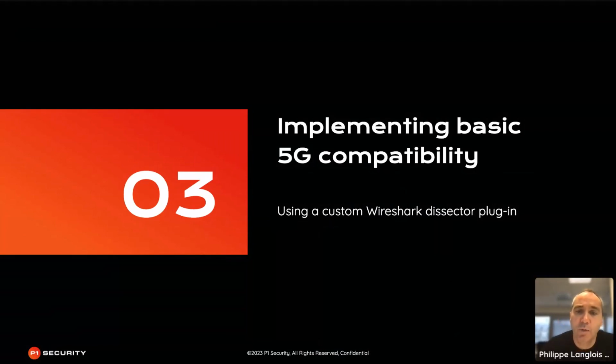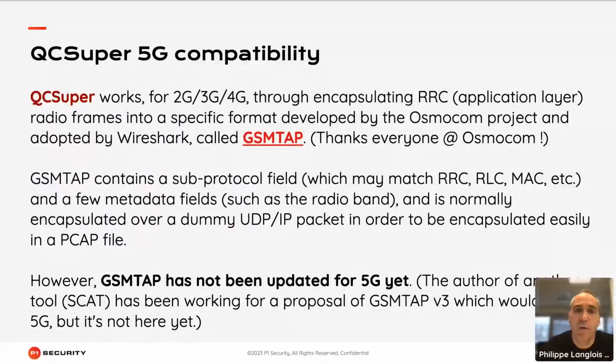What we have been using since the beginning is the GSMTAP encoding that the developers at the Osmocom project created so that Wireshark can decode what's coming from 2G, 3G, 4G, and now 5G phones.